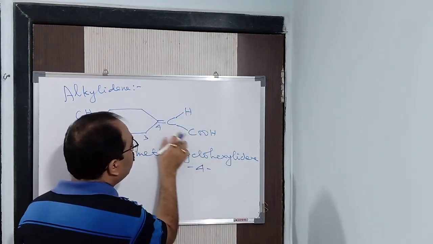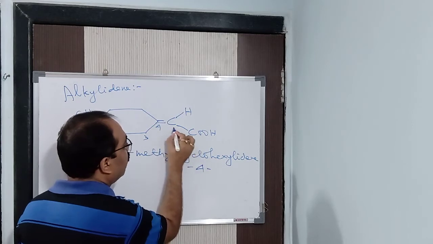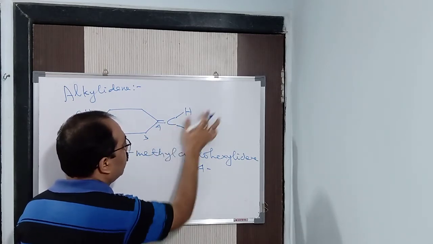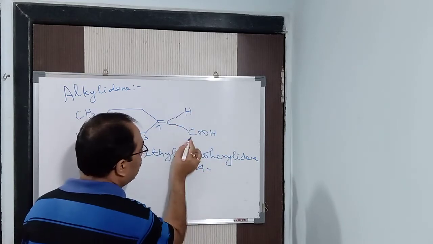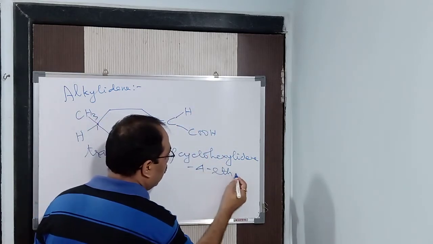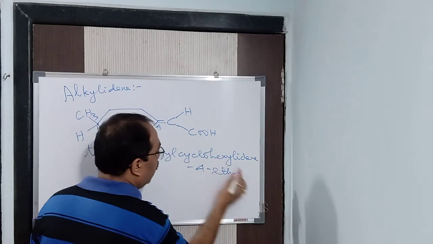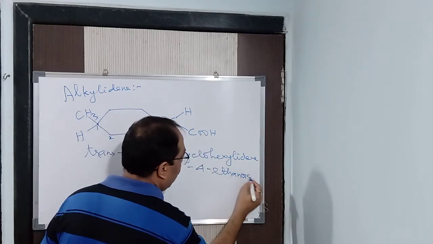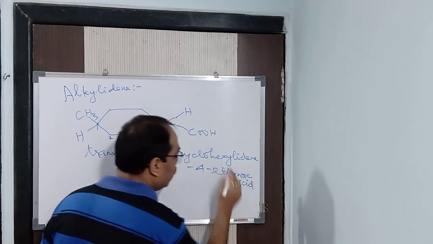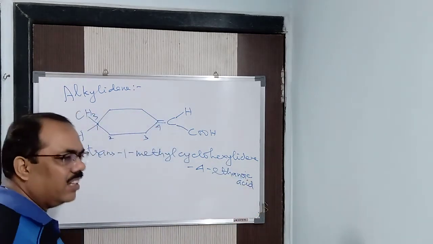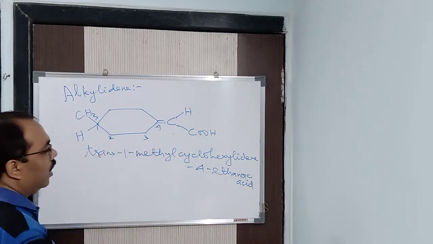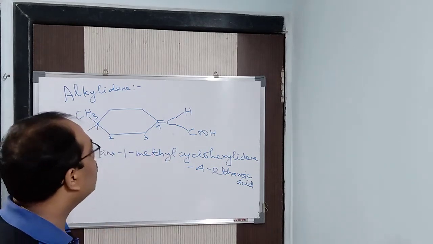Ethanoic acid. See, 1, 2, two carbon atoms. Two carbon means eth, carbon-carbon single bond means an, and COOH is oic acid. So ethanoic acid. You may also write acetic acid, but acetic acid is a common name. Understood? So trans-1-methylcyclohexylidene ethanoic acid.